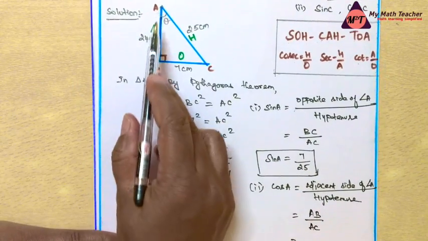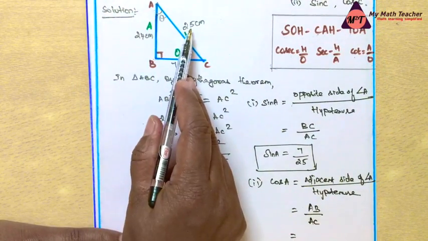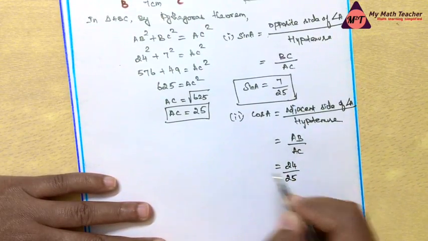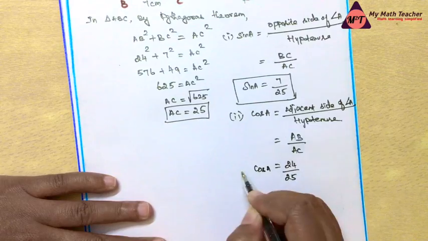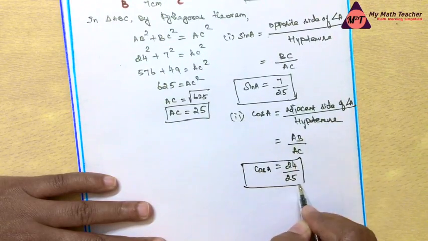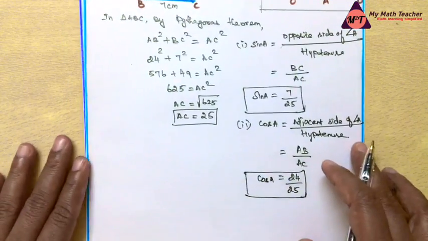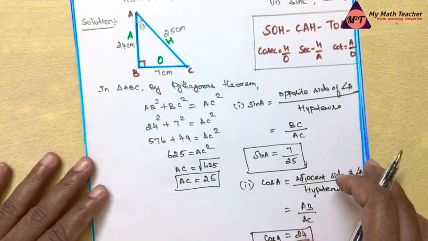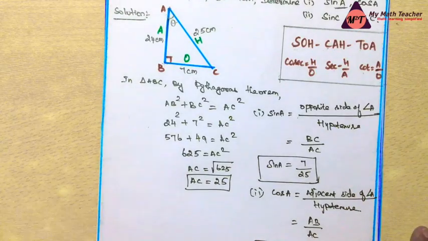What is AB? AB is 24 and AC is 25. 24 by 25. That is cos A. This is the first subdivision. It's very simple, quite easy. If you have watched my introduction first part and second part, you can easily solve this sum.